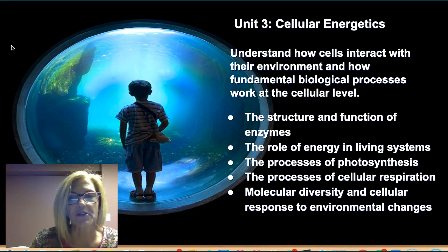We're going to talk about the structure and function of enzymes, identify some of the roles of energy in living systems. We'll slightly review photosynthesis, cellular respiration, and we're going to just touch on molecular diversity. Again, this isn't meant to be a total reteaching, just a reminder of the kind of things that you should be studying.